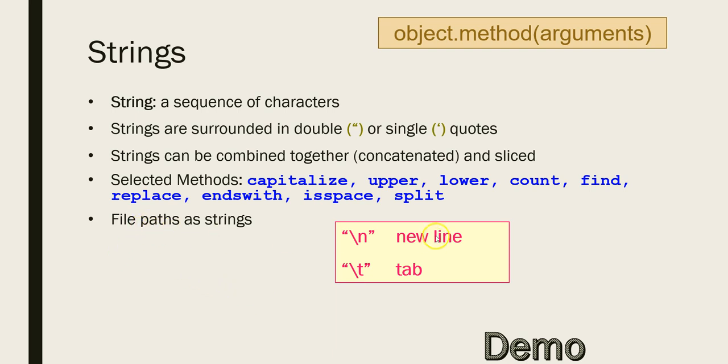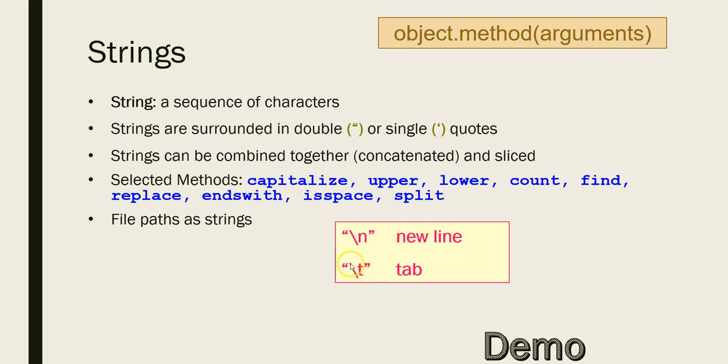And there are some strings that have specific meaning. So if you encounter something like backslash n, that means Python is going to interpret it as a new line. So you have one sentence, you have backslash n, Python says, okay, move to the next line and then print whatever is after that.